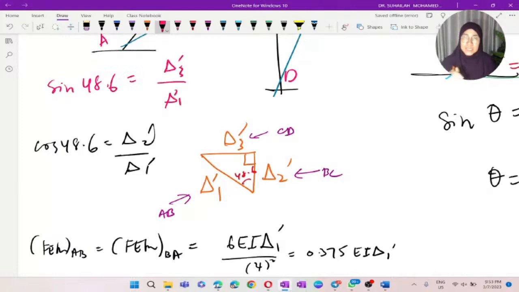So to get in terms of delta 1 prime, it is sine 48.6 delta 1, and sine 48.6 equal to 0.75.